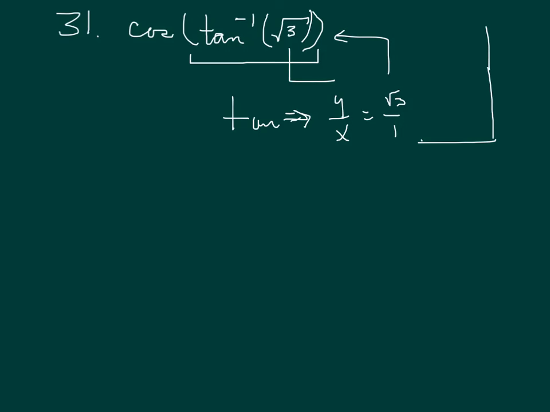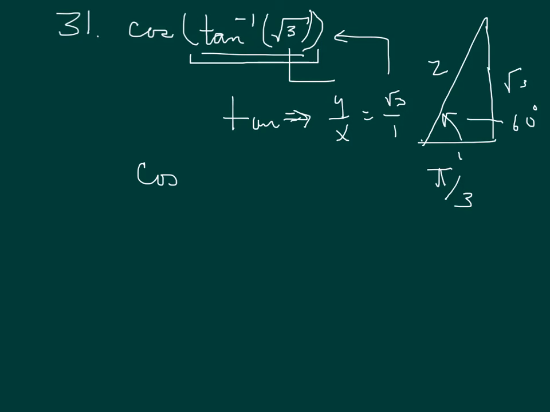So y is the square root of 3 and x is 1, then r has to be 2. This is our familiar triangle again of 60 degrees, or pi over 3. Therefore, the arctangent of the square root of 3 is pi over 3, and I'm left with the cosine of pi over 3.